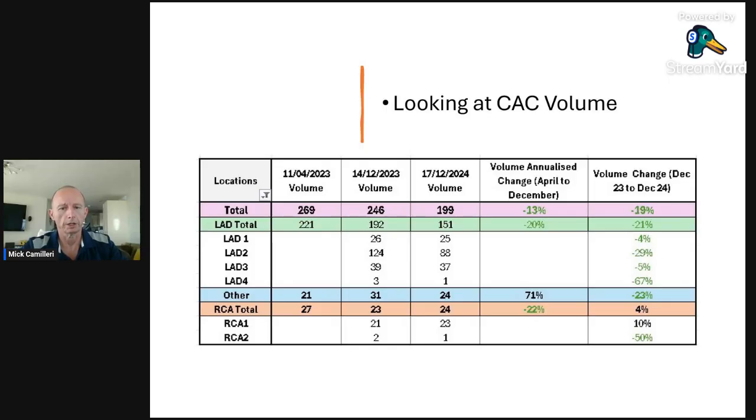The RCA had a decrease of 22% of volume, and the other had an increase from 21 to 31 cubic millimeters. We know that dropped in the third test significantly. So we're seeing good things, right? We're not getting too hung up on things. We are seeing an improvement in the right direction.